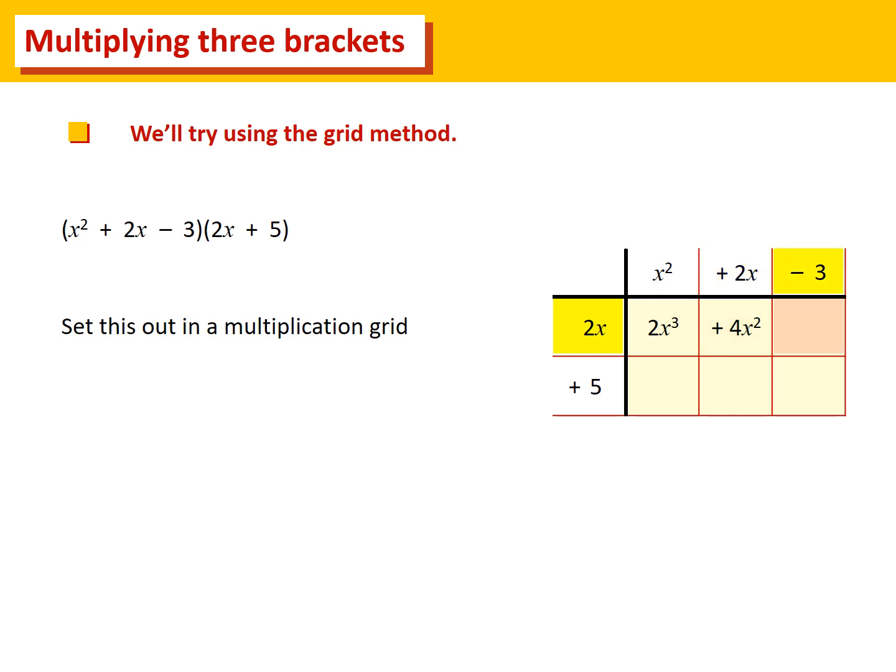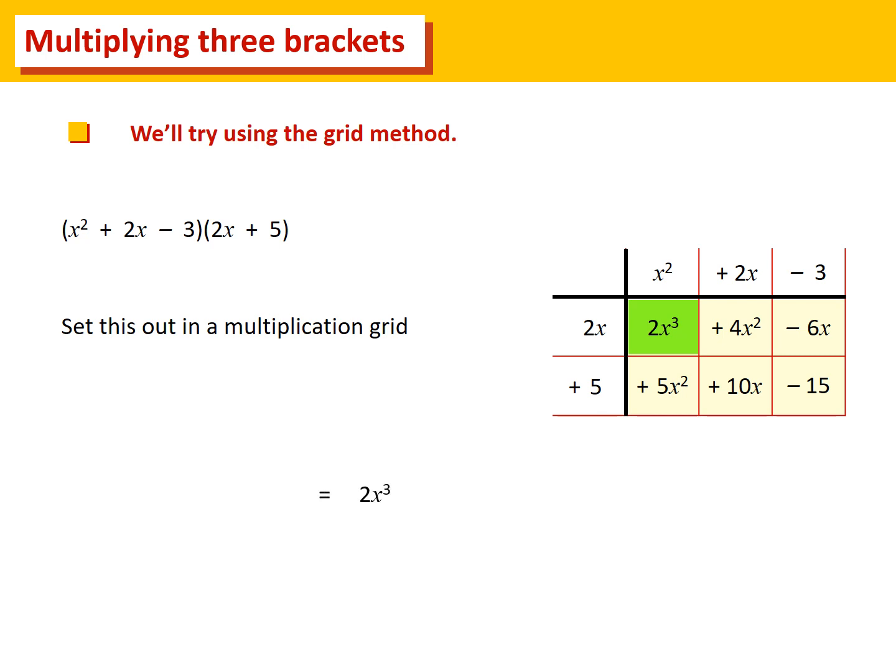And then 2x times subtract 3, so we're subtracting 6x. Onto the bottom row, remember we're multiplying, so it's 5 times x squared, that's 5x squared. 5 times 2x is 10x. And then finally, in the last cell, we've got a positive times a negative, that's minus 15.